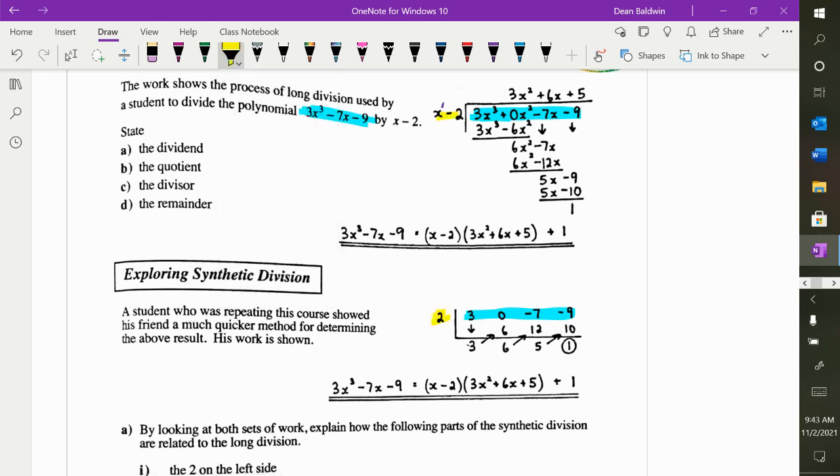This number, this 2, comes from here. How do I get that 2? Look at your divisor. This is your divisor. What makes the divisor 0 is this number right here.